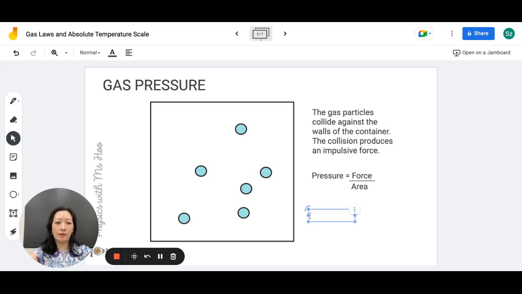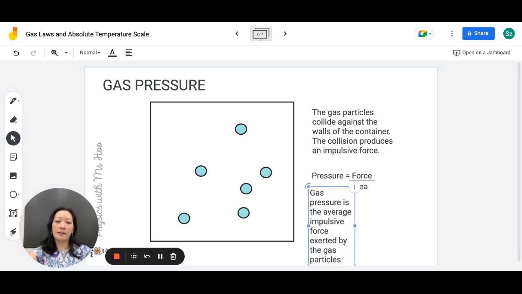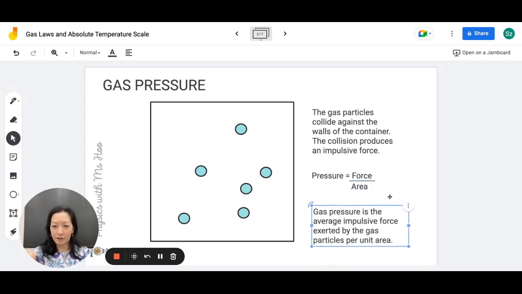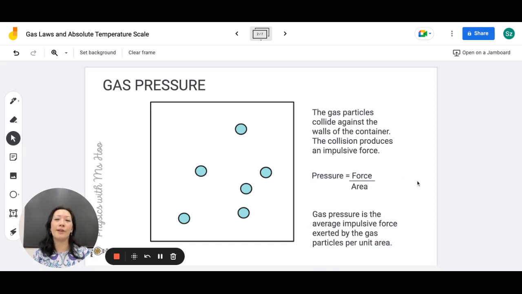Gas pressure is the average impulsive force exerted by the gas particles per unit area. I know the text has kind of run off, so I'll just readjust it to be over here. And that's how gas particles exert a pressure. This is important to understand because this will help you understand the gas laws on the next few slides.